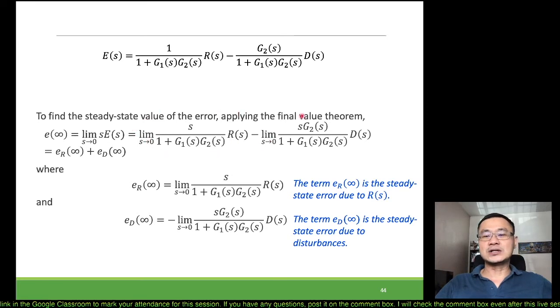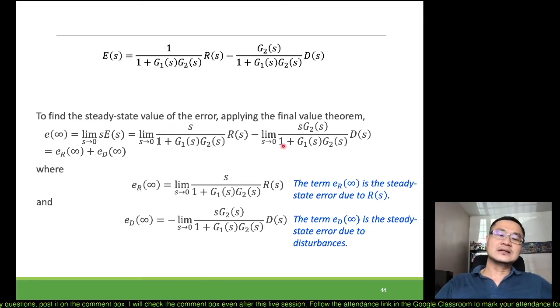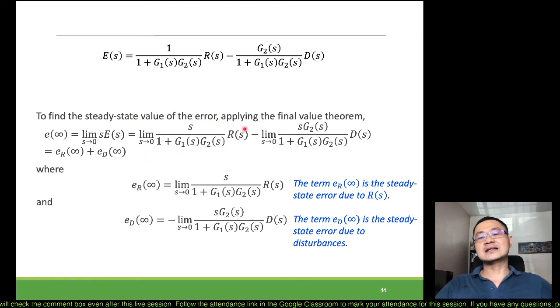We put the whole error equation into our final value theorem, and from this we can see that it is the summation of the steady state error due to the input as well as the steady state error due to the disturbance.